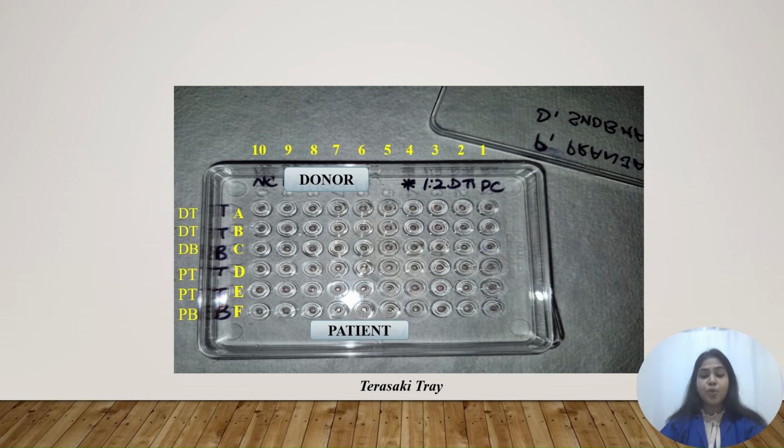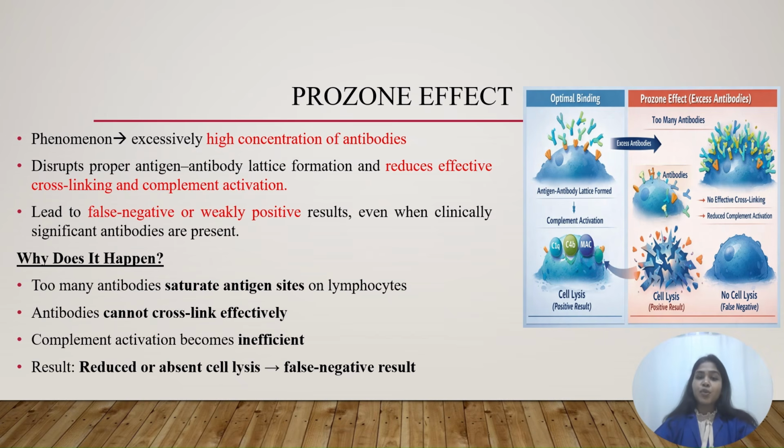It is known as the prozone effect, where antibodies are present in excess. Due to the high concentration of antibodies, there will be more antibodies and fewer HLA epitopes. So there will be competitive binding, and if the cross-linking is not done properly, the C1q protein will not bind properly and can't activate the complement cascade.